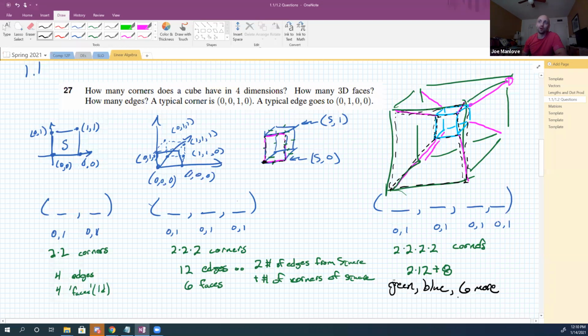So it's the number of old faces plus 2. Which kind of makes sense, right? So here's the number of old faces: this one, this one, this one, that one. Each of those gets smeared up. So each of those old faces makes a new face. And then there's a top and a bottom.